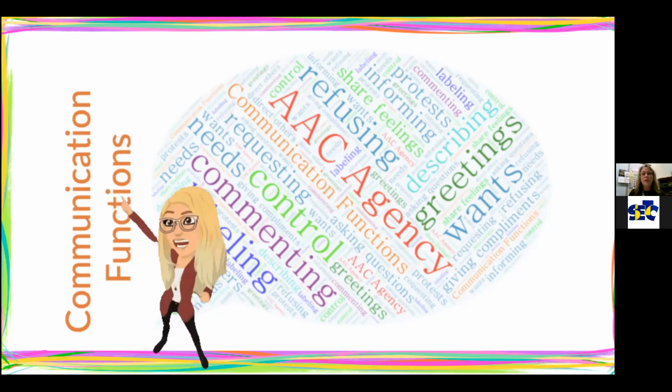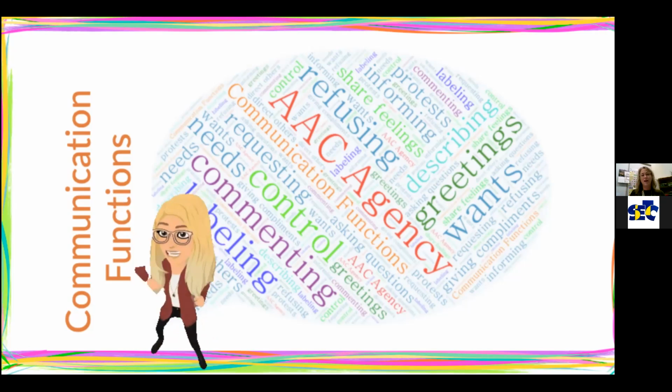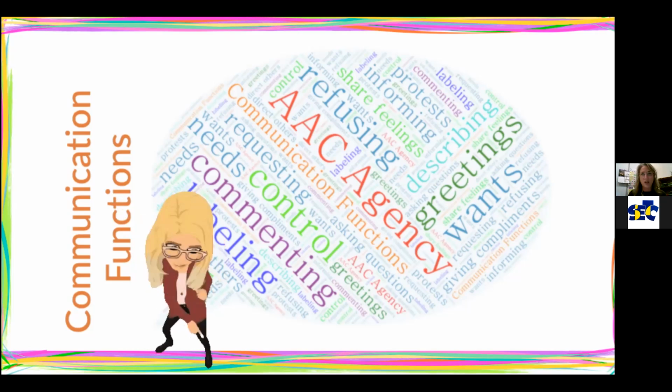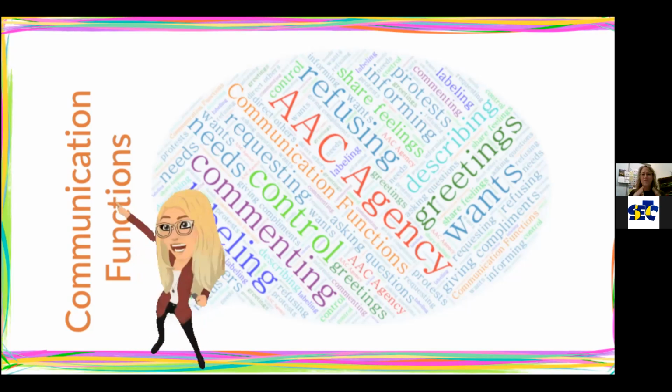But I think it's also really important, if you are going to have this idea of AAC agency, if you are going to have this idea of presuming competence, then we need to set up and engineer times for our kids to have refusal, right?